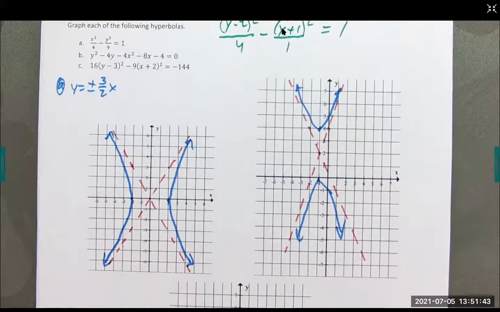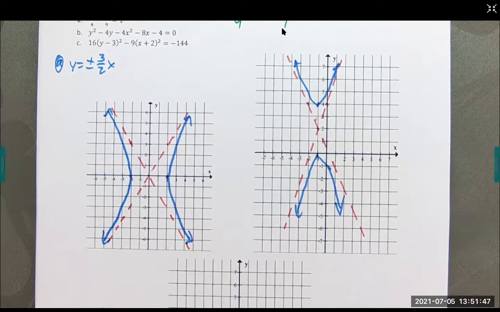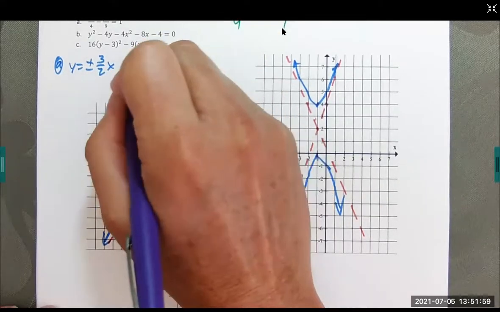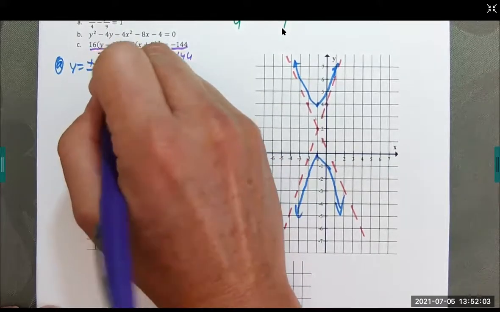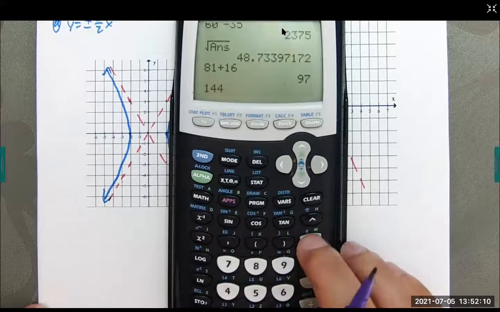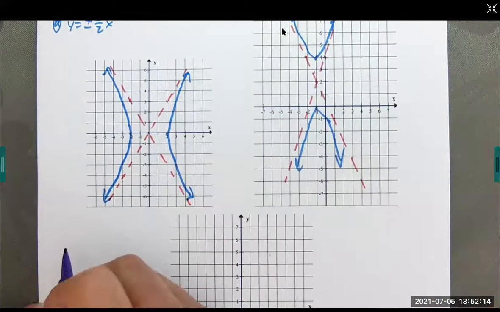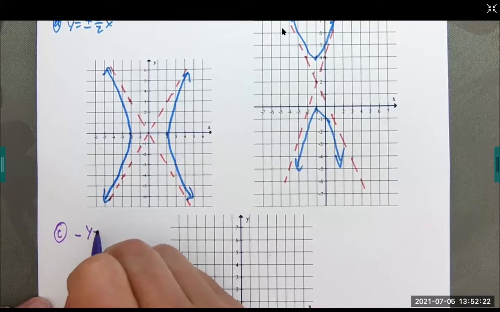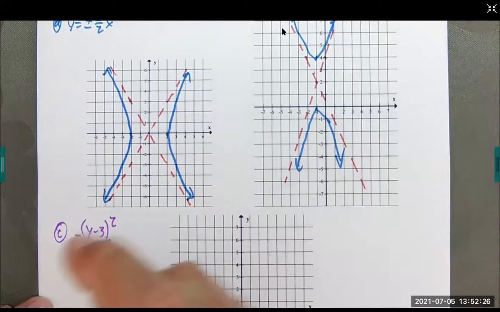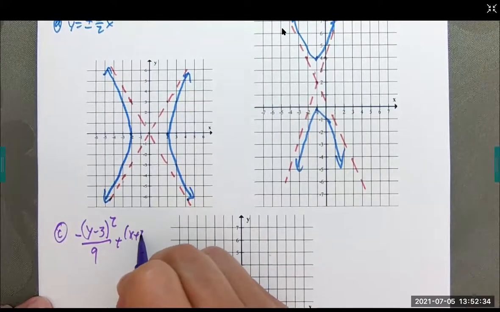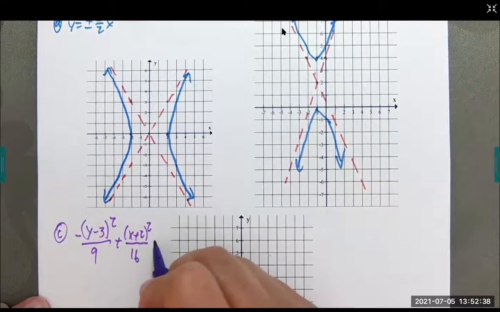For our last one, now this one's a little tricky because if I divide through by -144, 144 divided by 16, we get -y minus 3 squared over 9 plus, minus over minus, x plus 2 squared over 16 equals 1.